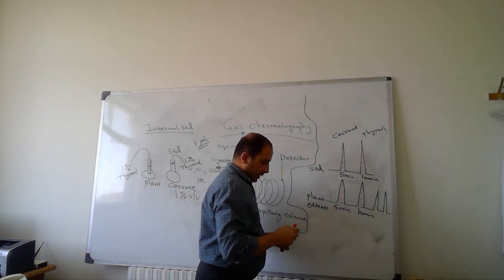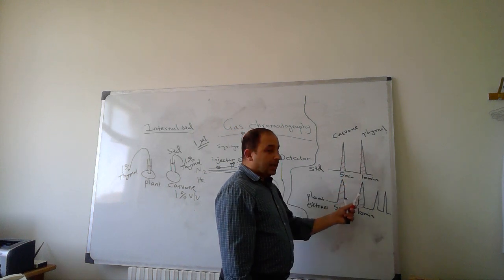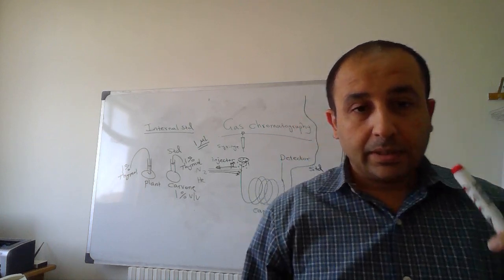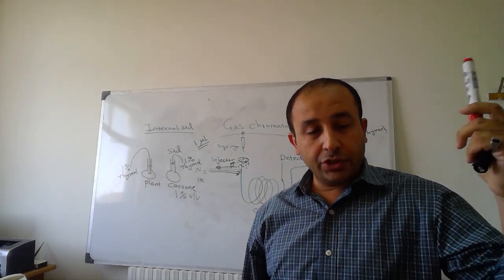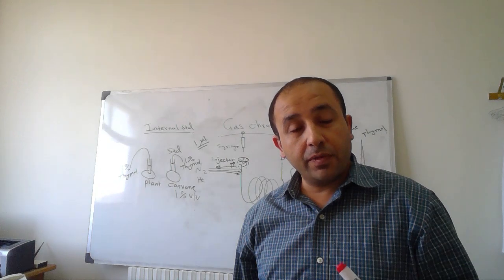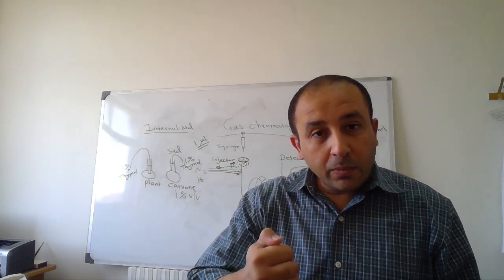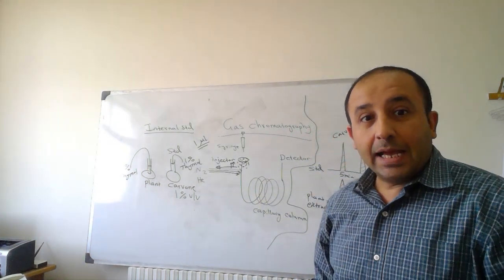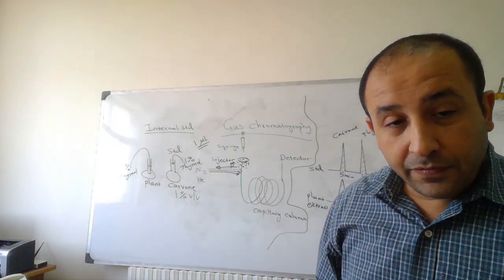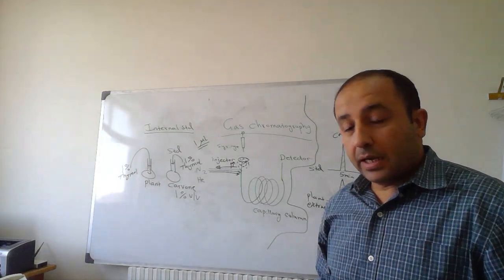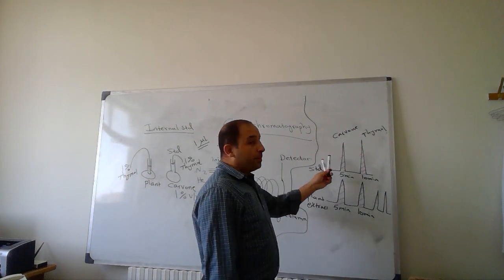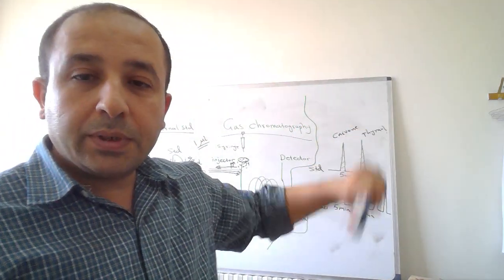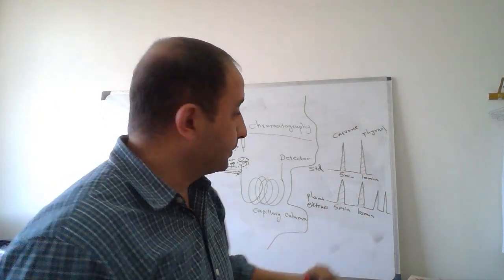Now, if we have a similar area under the curve in the two injections, the injection of the standard and the injection of the plant extract, then the volume of injection will be similar, and any deviation of the area under the curve for the carbon will directly reflect the real difference between the sample and the standard.